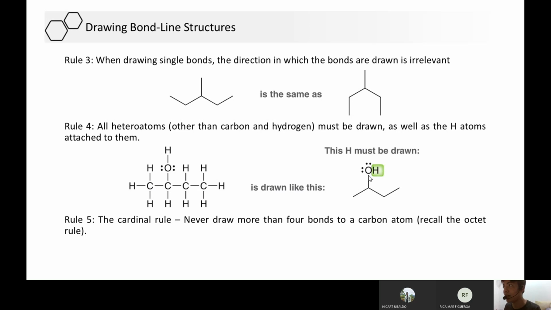Instead, at the end of the line, you will write the O. Then the hydrogens attached to the heteroatoms, you have to include them. This OH is not just O. It can't be just O. We can't say it has one hydrogen. No, that's not allowed.